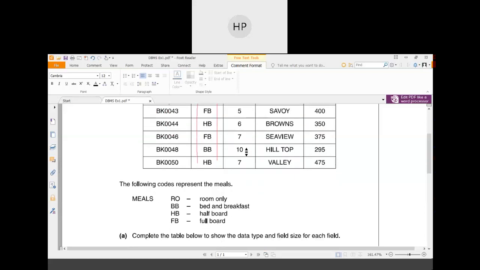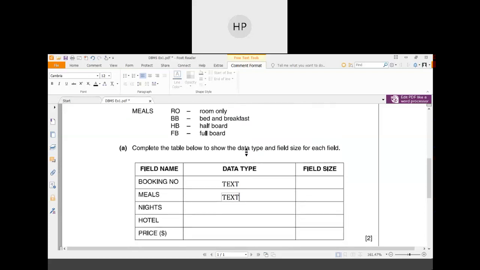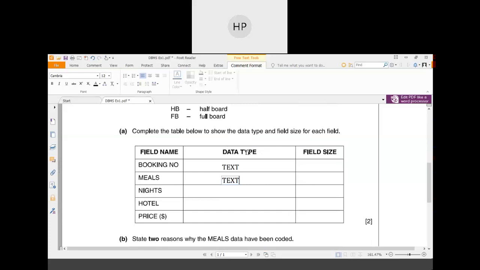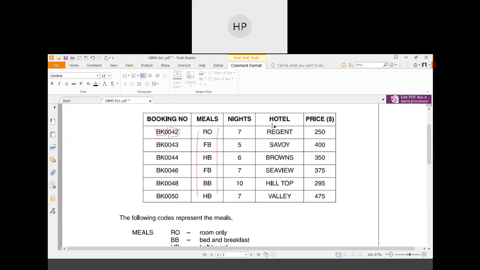The data type of nights should be number, because those are numerical values. Number, right?